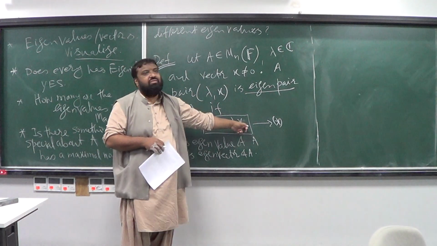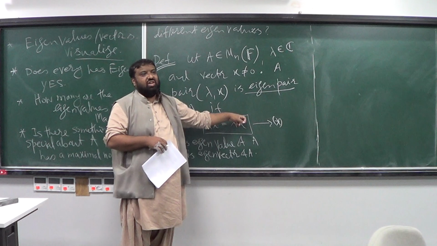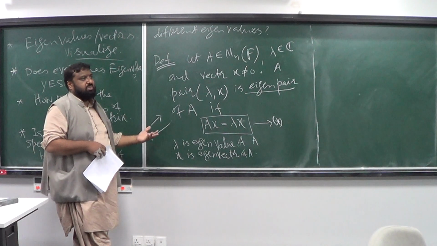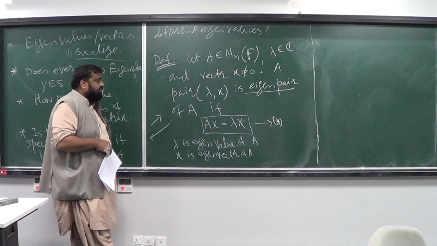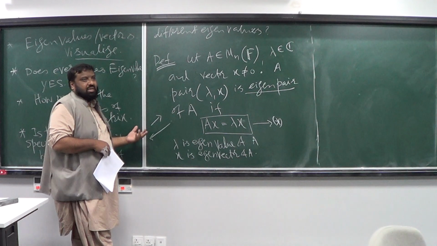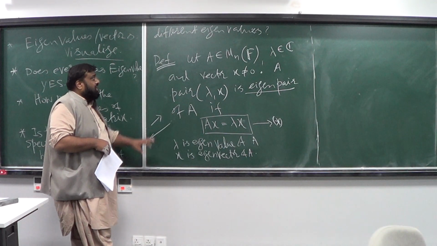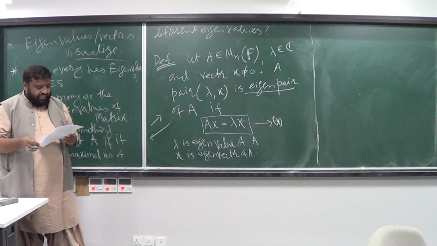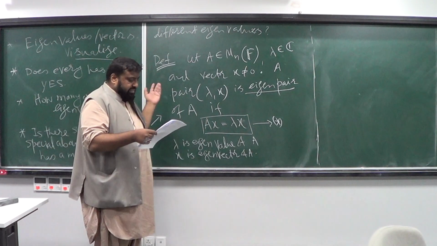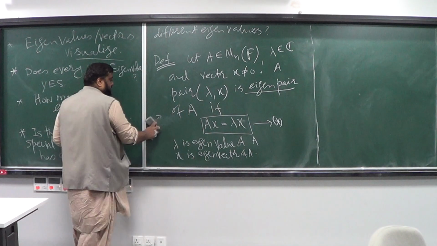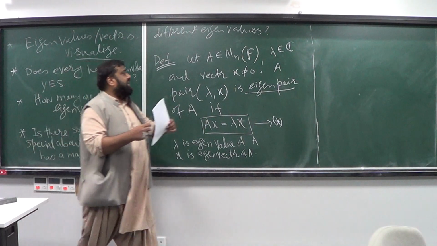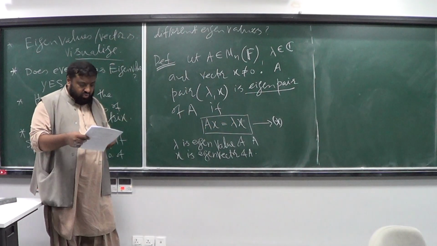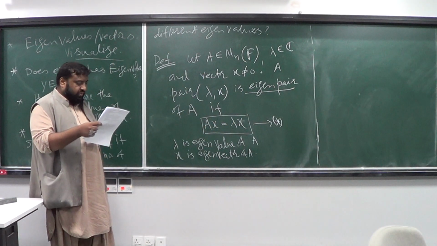It could be half, it could be full, precisely the same vector. Or lambda can be a complex number. This is really the definition of an eigenvector. It is important to keep in mind that an eigenvalue can be 0, but an eigenvector cannot be a zero vector. It must always be a non-zero vector.